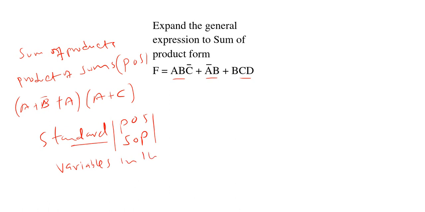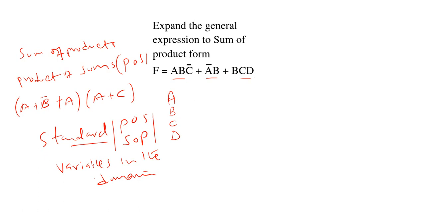By the domain, we mean that in this whole expression, when we look at the distinct variables, we will find that it is made up of A, another distinct variable is B. Don't say we have B and not B or C and not C. We look at the variables alone. So the distinct variables are A, B, C, D.